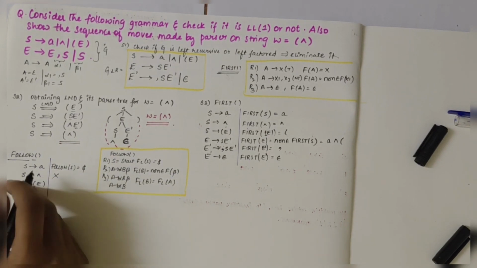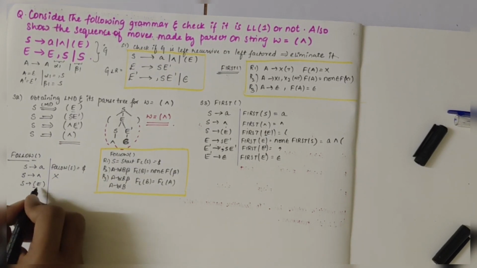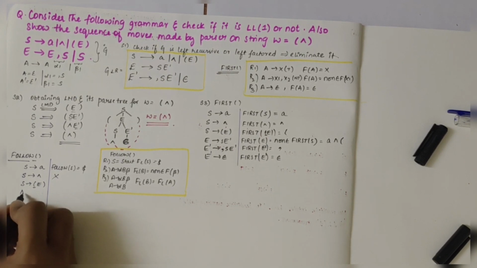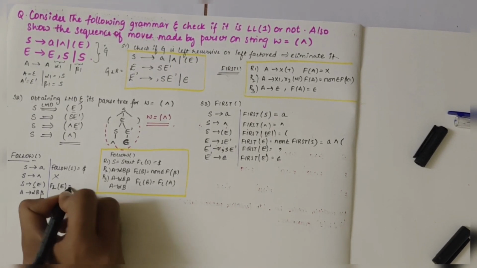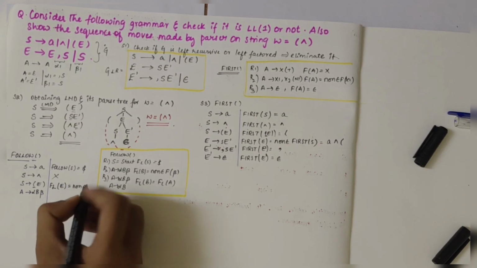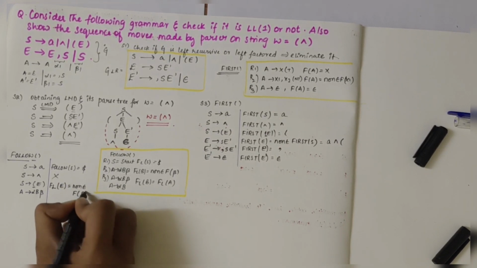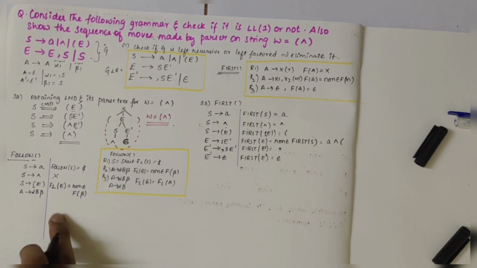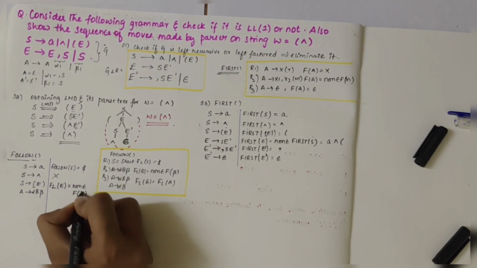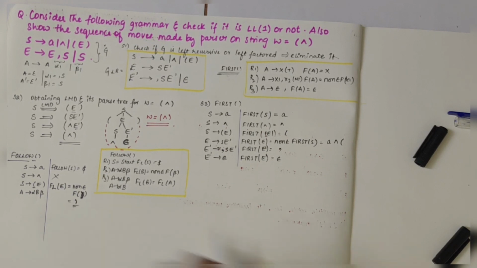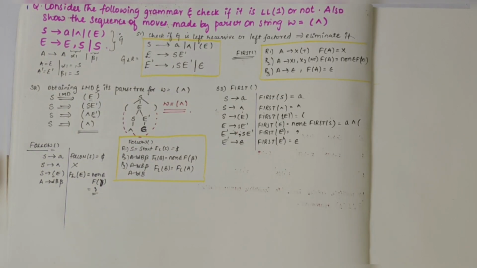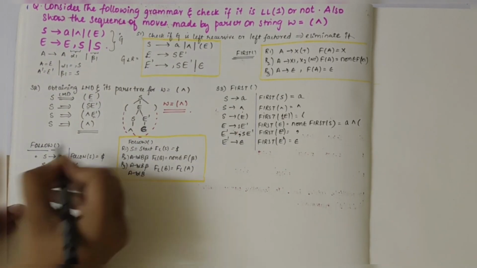And here we have S derives open bracket E and close bracket. Comparing this with A derives alpha B beta, follow of B is equal to non-epsilon first of beta, non-epsilon first of close bracket. Non-epsilon first of any terminal is the same. So we are done with the first production.